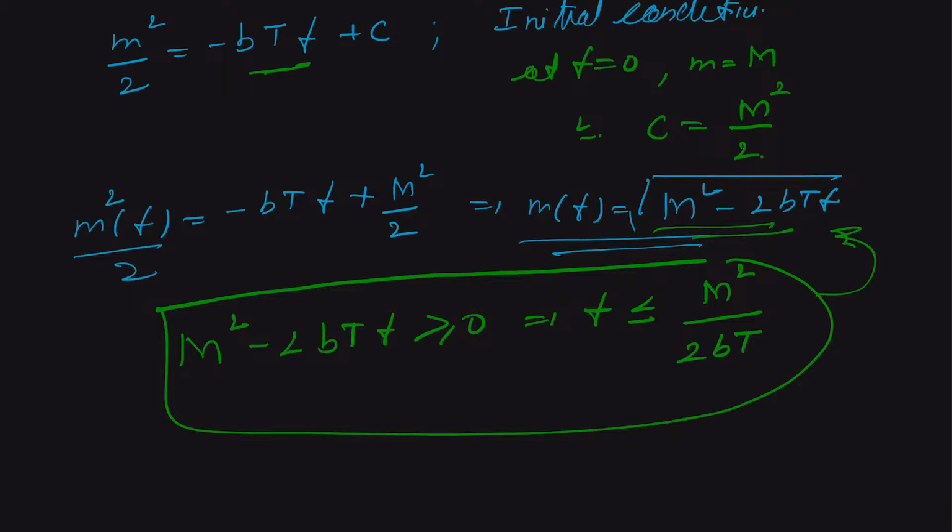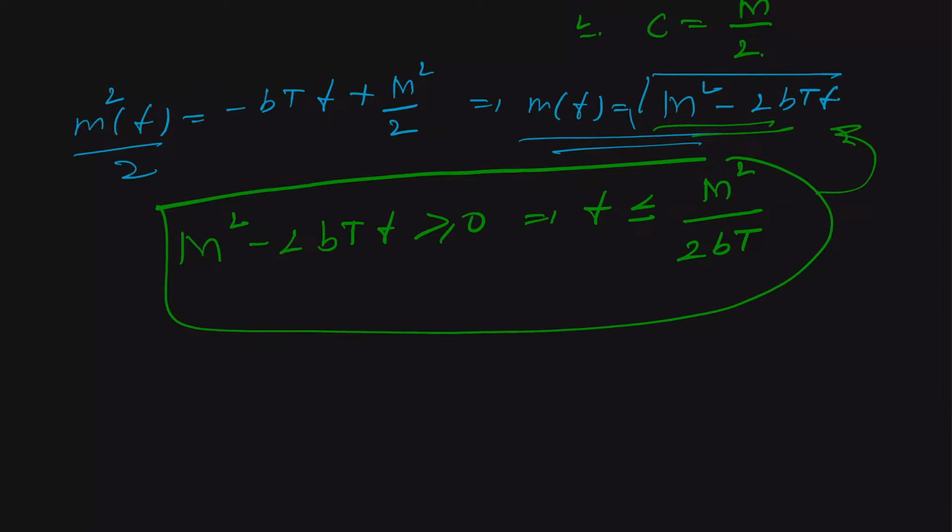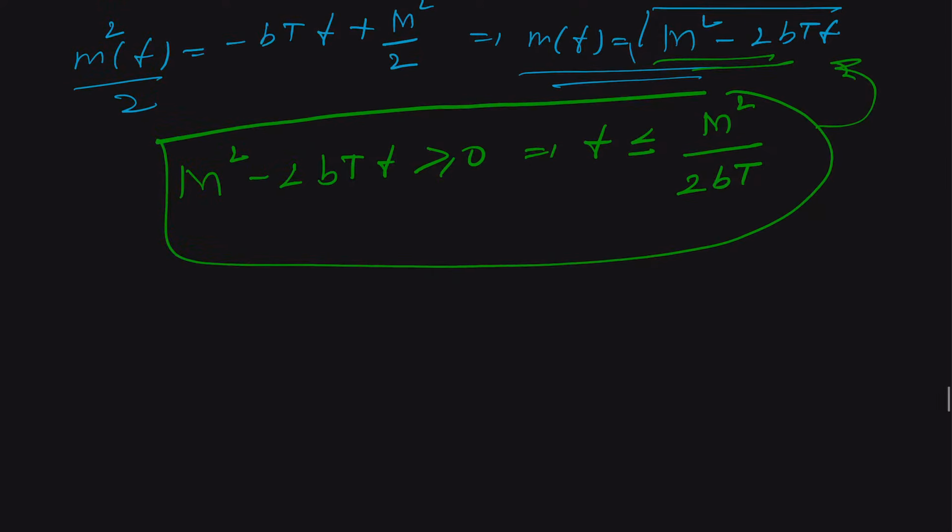Now we come to our part B. We are going to find out velocity as a function of mass as well as time.